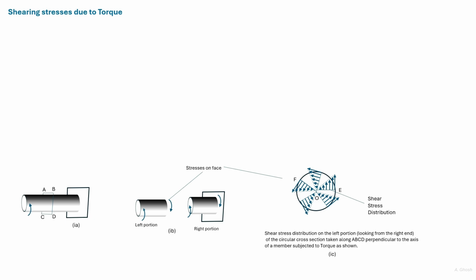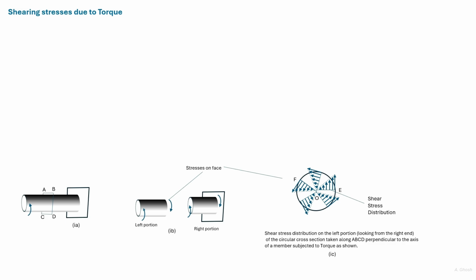This relationship is applicable if the proportional limit in the stress-strain curve has not been reached. The relation is a linear relationship. Tau is equal to G into gamma.